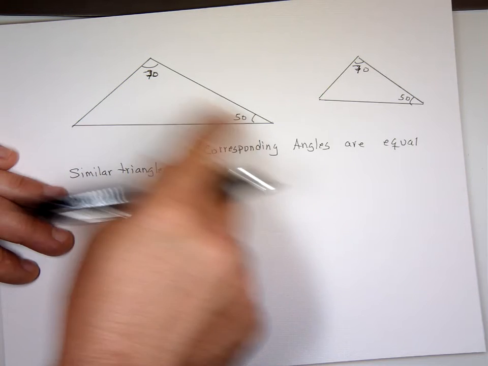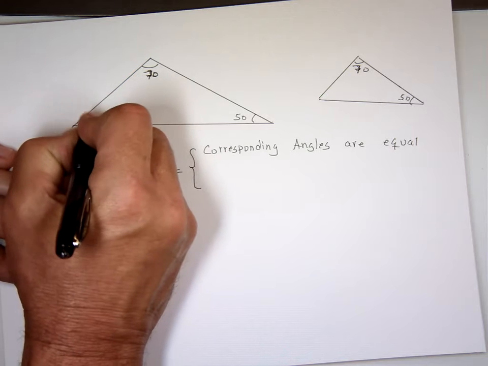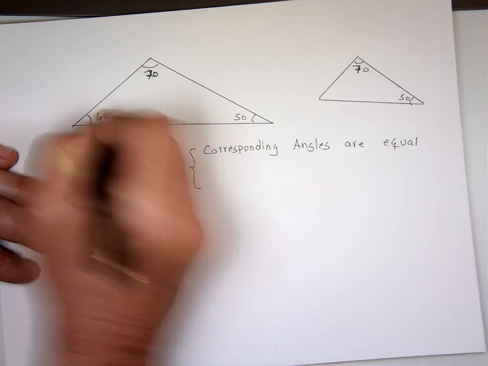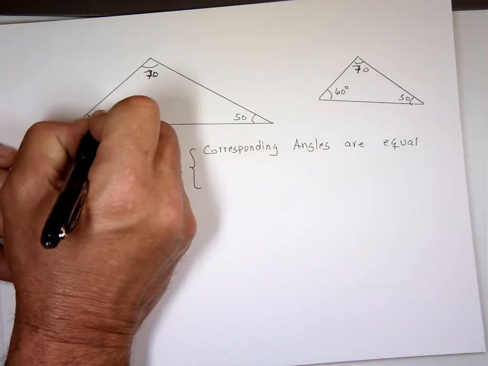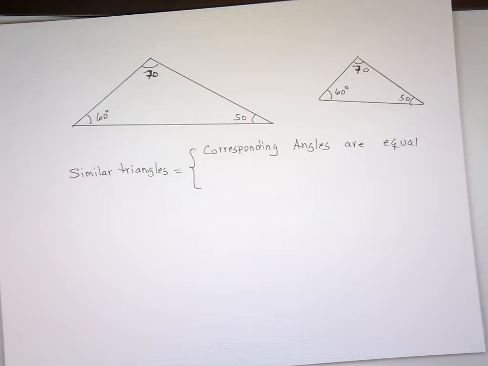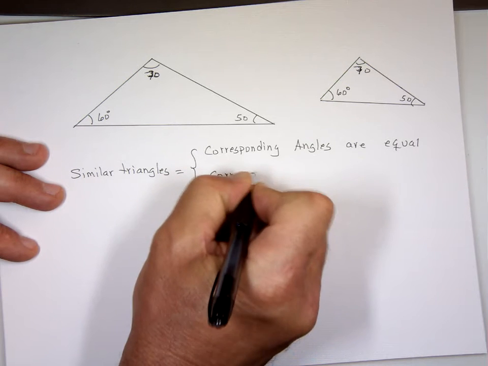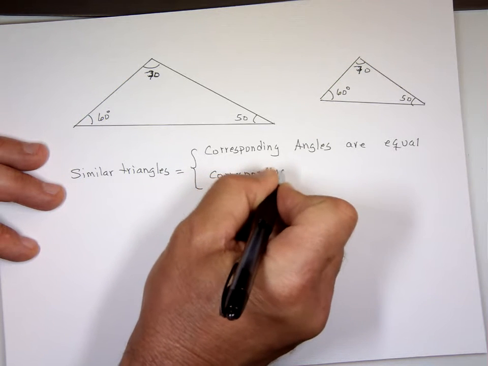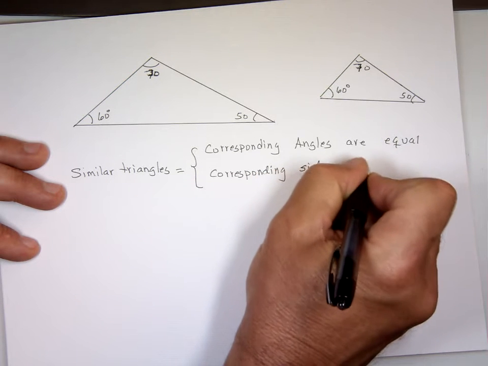If it's 70 and 50, that's 120 combined, so that leaves this one to be 60, because they have to add up to 180. So the corresponding angles are equal. And the other one: the corresponding sides are proportional.